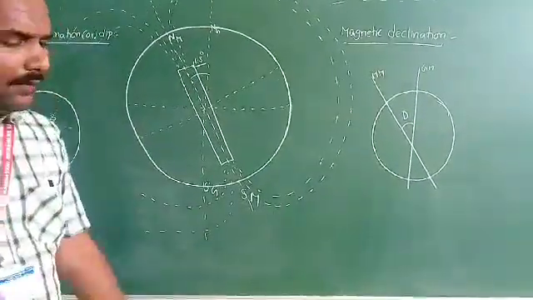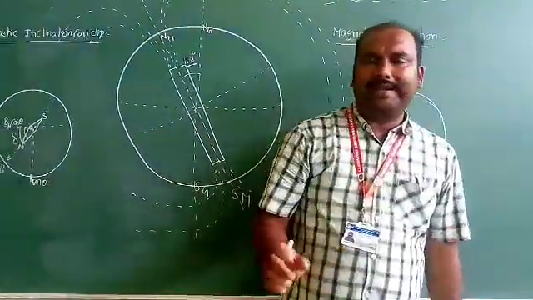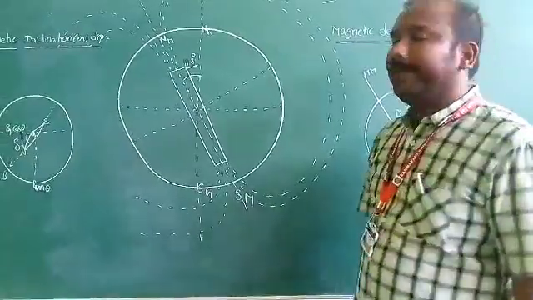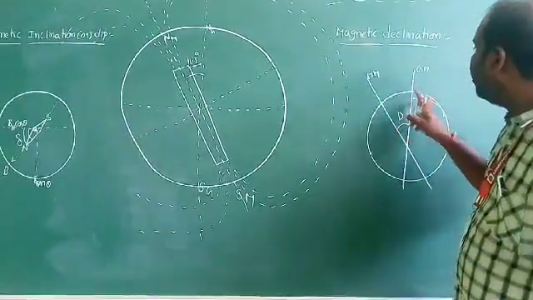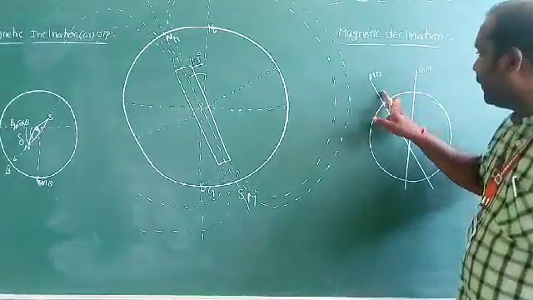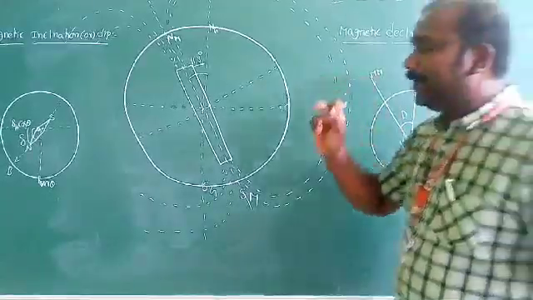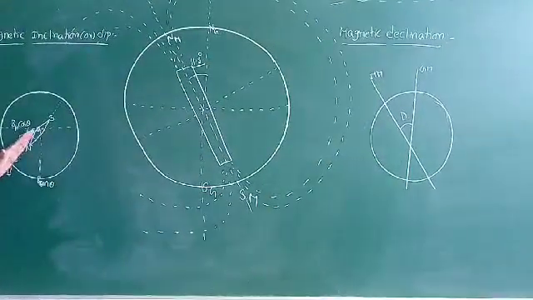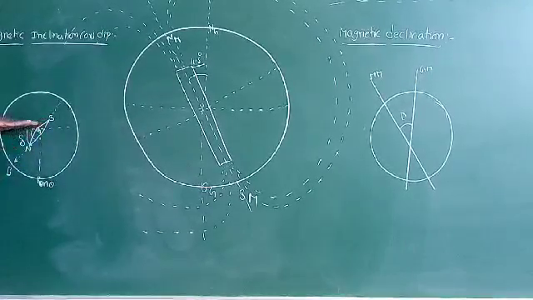Once again, try to understand the three definitions: inclination, declination, and horizontal component of Earth's magnetic field. Declination is the angle between the geographic meridian and the magnetic meridian, symbol D. Inclination is the angle between the total intensity of the magnetic field and its horizontal component.